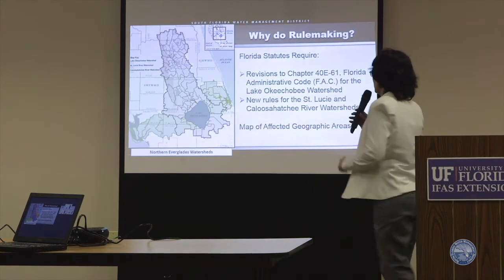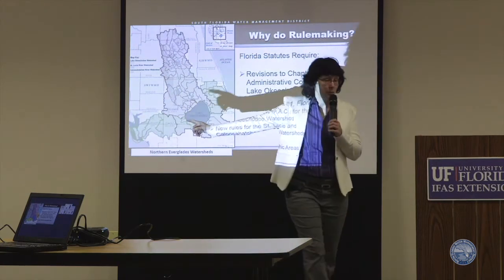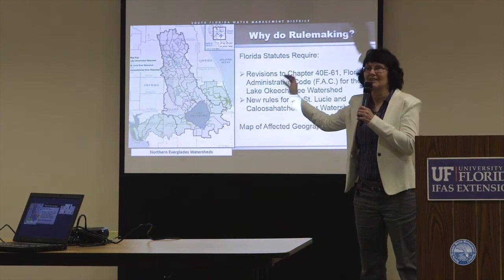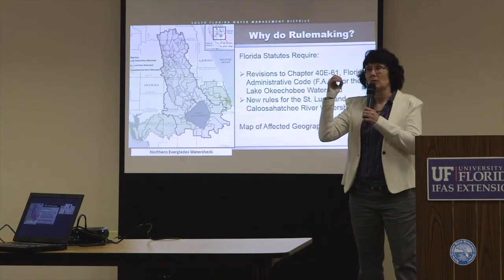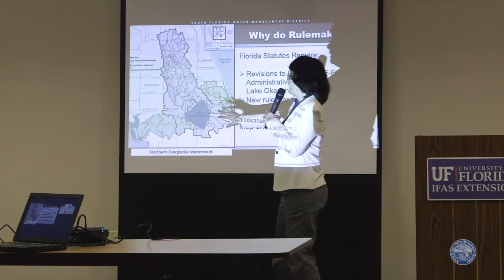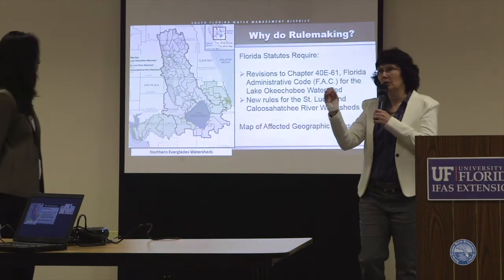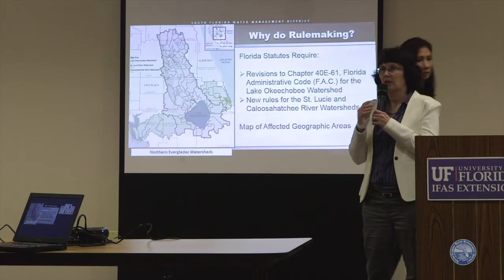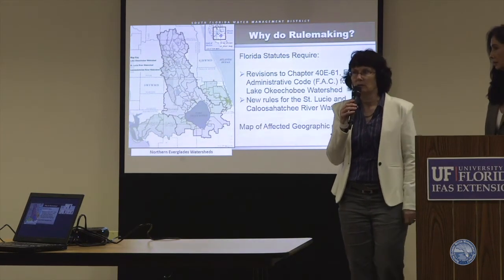The problem is that at the same time, although it still has very high unit area loads, other areas of the watershed started increasing. So when you measure the TMDL that goes into the lake, you don't necessarily see that anything has changed through the years. But if you look at the smaller areas individually, you can see the changes. I think that is where DEP is moving, and those are some things that we can do with these rules as well.